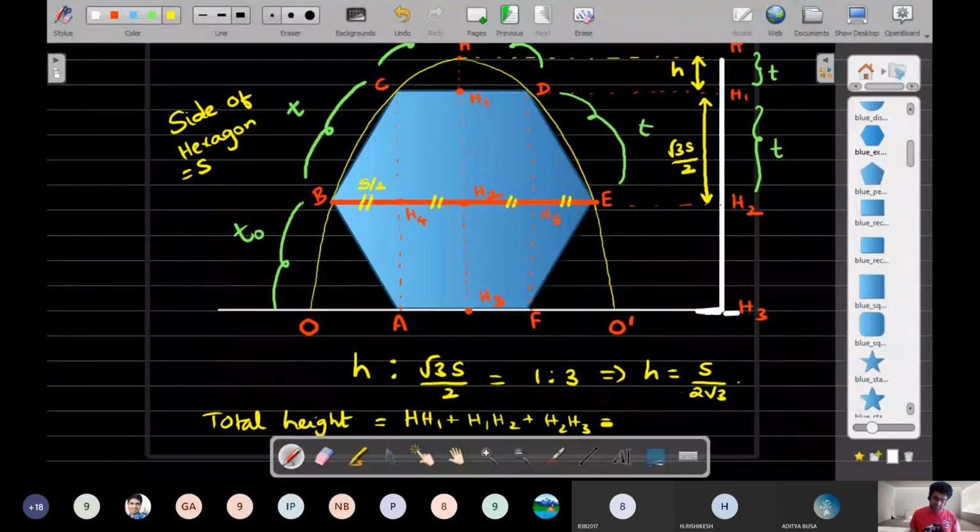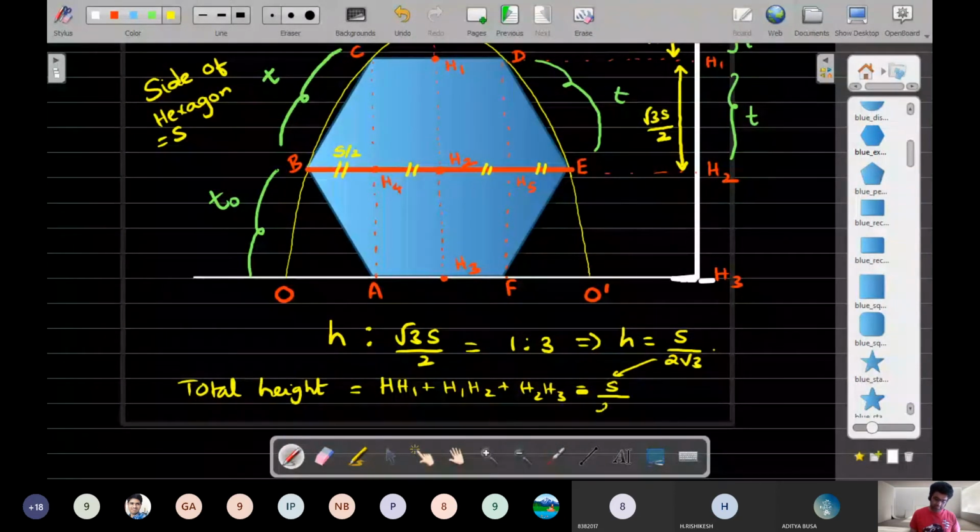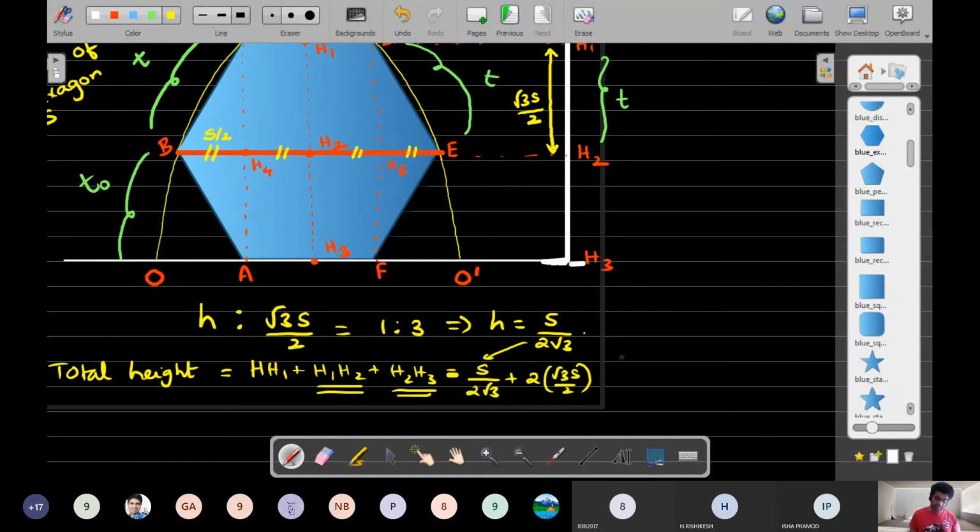HH1 is this number s divided by 2 root 3 plus each of these numbers are equal to that root 3 s by 2, right? So 2 times of root 3 s by 2. So the total height of the projectile, maximum height or whatever you want to call it, you immediately realize that this is equal to s by 2 root 3 plus root 3 s.